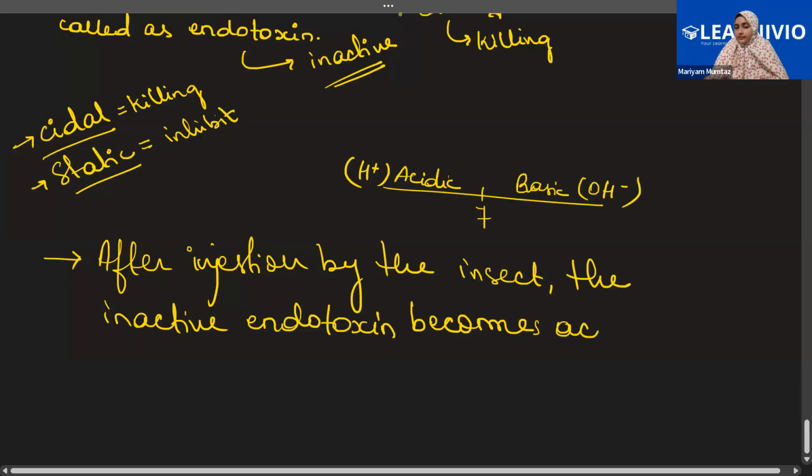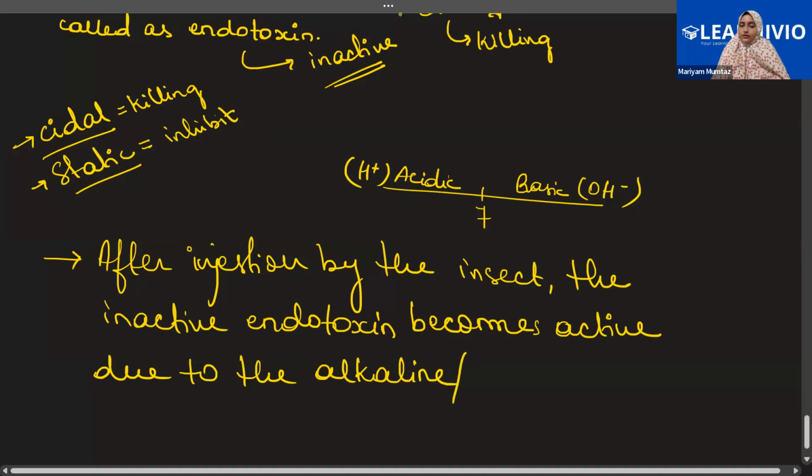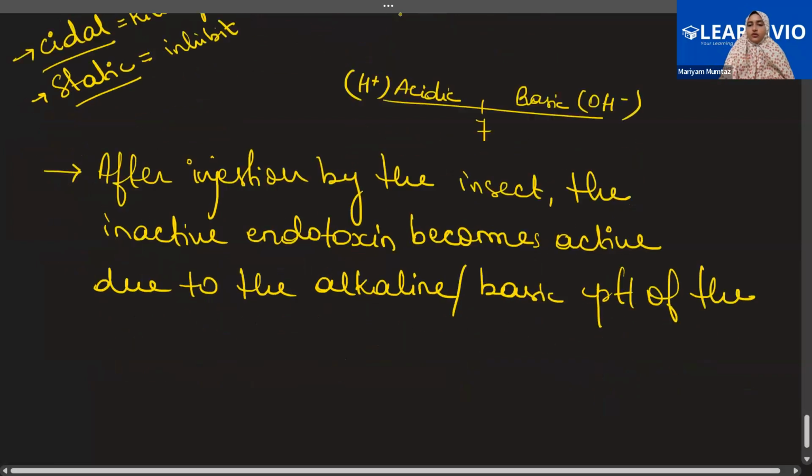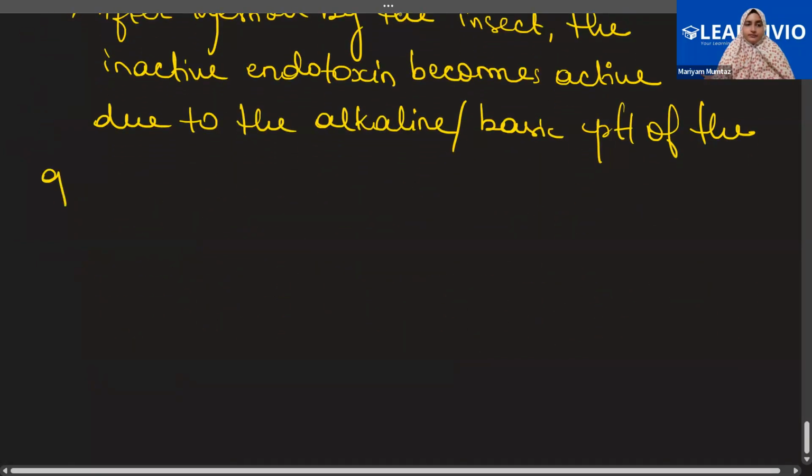Basic. What is the other word? Alkaline. So due to the alkaline pH of the gut of the insect, you can also write basic, but write alkaline only. This is the reason why this is an insecticide.